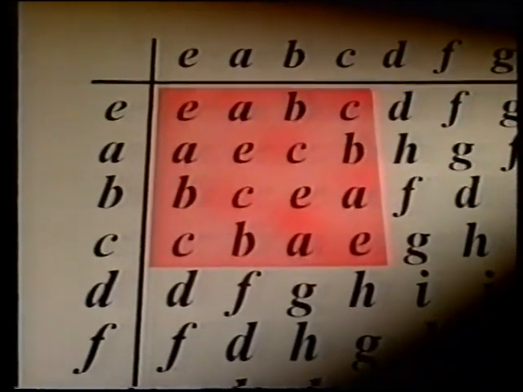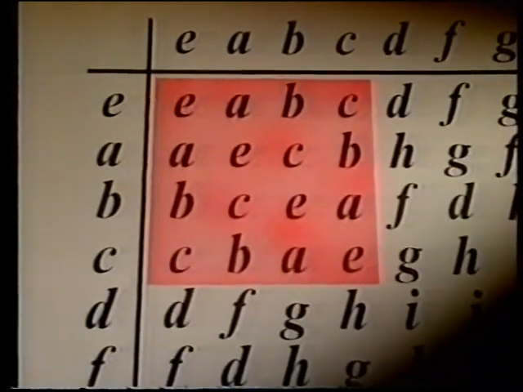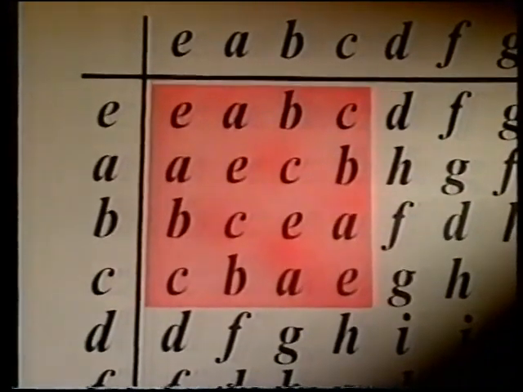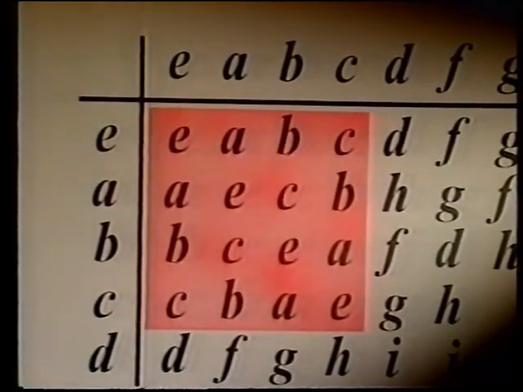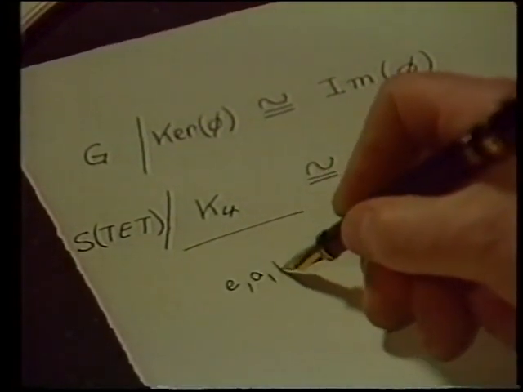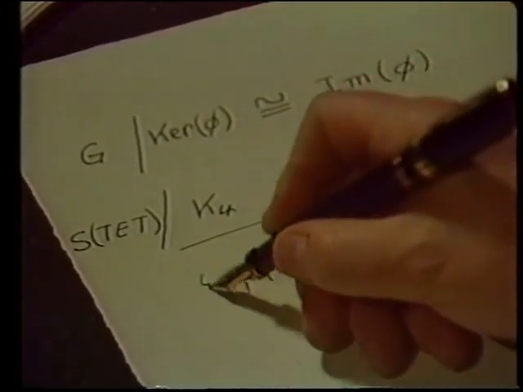Now the four rotations, E, A, B, and C, are special. They form a subgroup of S tet. But not just any subgroup, it's actually a normal subgroup and one that's isomorphic to K4. So in S tet, I can think of K4 as the subgroup E, A, B, C.